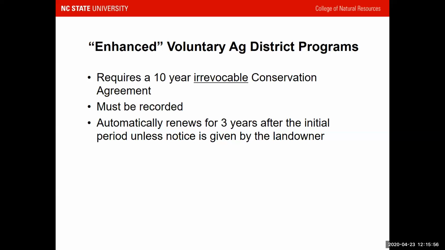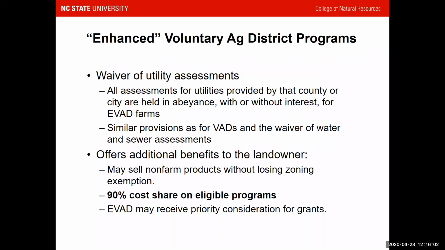So there's a little bit more teeth in the enhanced protection, and as a result of that, there are a little bit greater benefits from those. The one in detail at the bottom of this list is a 90% cost share eligibility for landowners in an enhanced district. So less cash outlay if they're working with like-minded conservation programs.